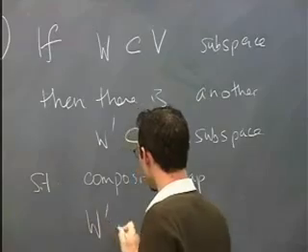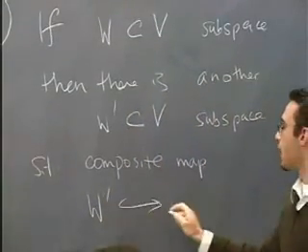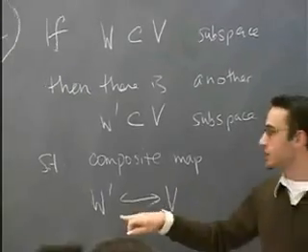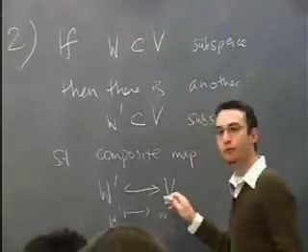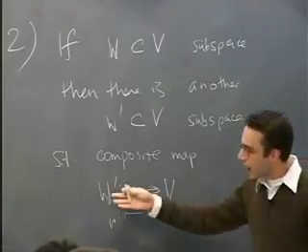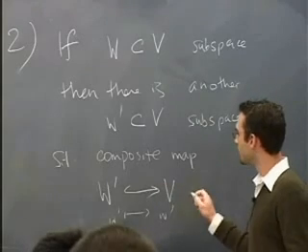so I can certainly just inject W prime into V by just letting W prime map to W prime. This is just the embedding map, the identity map on W prime.